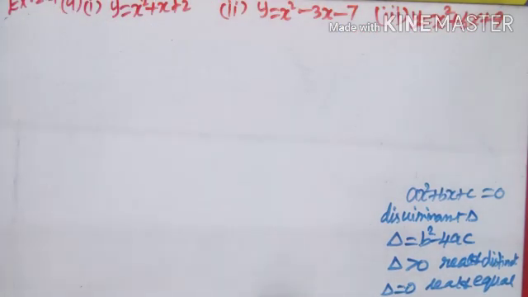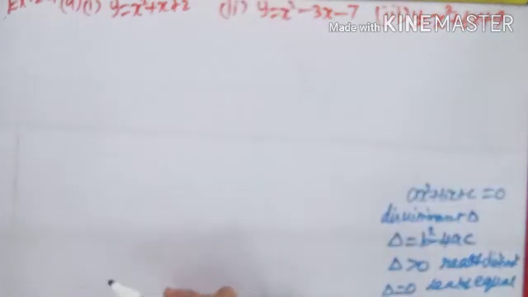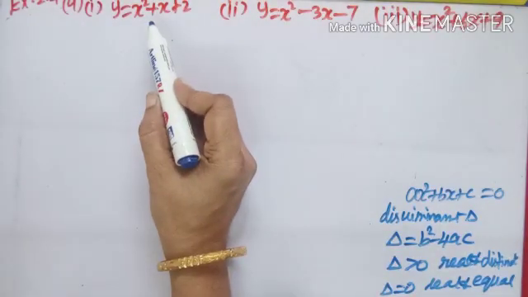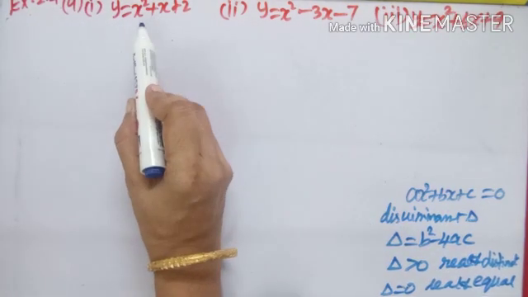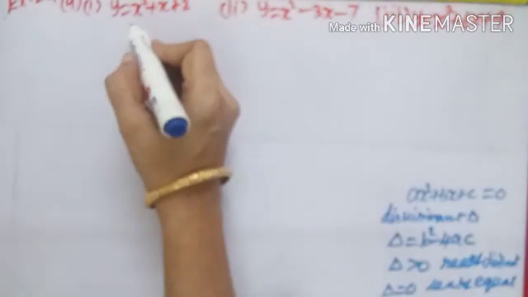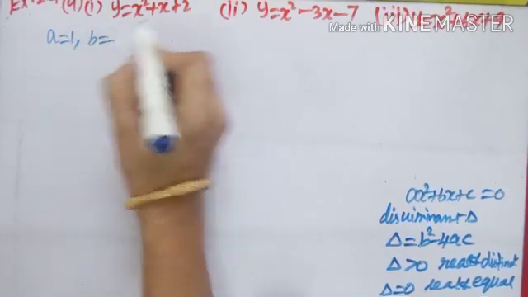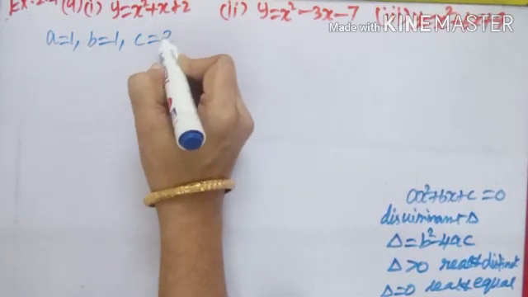Question number 9. We are given 3 different equations. We need to say whether they intersect the x-axis at 2 points or 1 point or no point. Again we use the discriminant idea only. What is a, b, c? Let us write. A is 1, b is 1, c is 2.